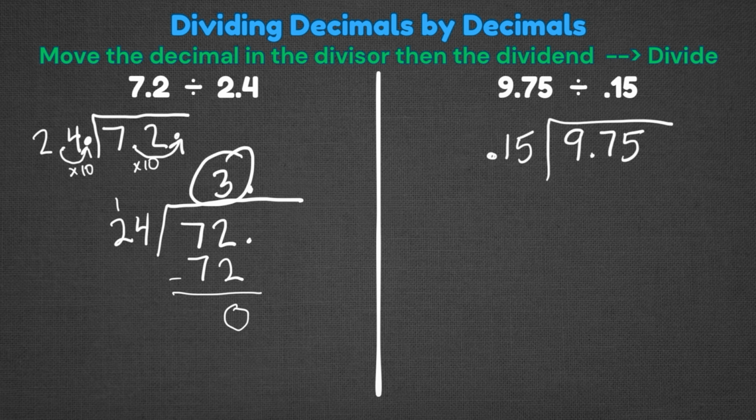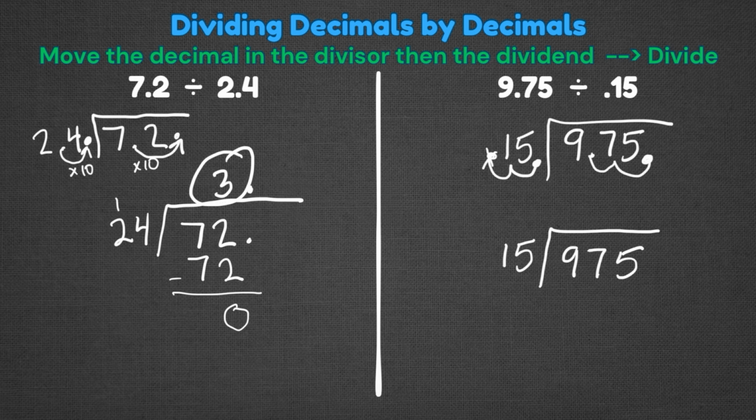So what can we do? Well, we can move this decimal over 2 spots, essentially making it 2 decimal places bigger, as long as we do it to this side as well. Again, I always recommend rewriting the problem because it's a lot cleaner. And now we can do the division.